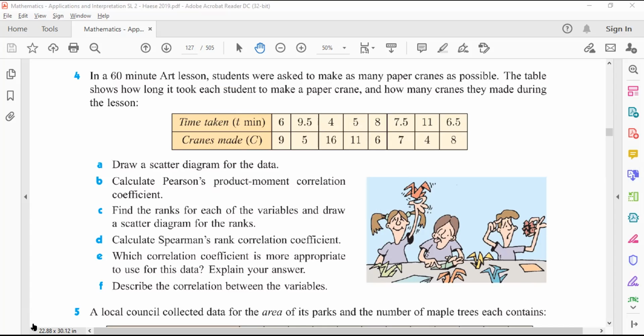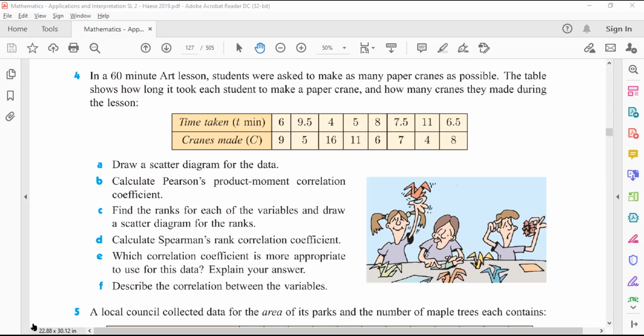You mean what is R? Pearson correlation coefficient. 0.21. No, the R value. What is this B part I'm asking? So the R value is minus 0.921.